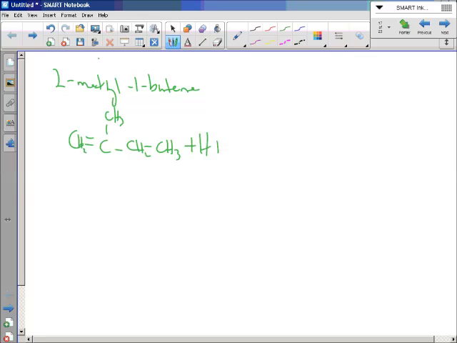Plus HBr. We ask ourselves, where are we going to add across? We're going to add across the double bond here. I've got an H and a Br. I need to use Markovnikov's rule. Somebody tell me the product. Don't tell me where the H is sticking up, just say H3.